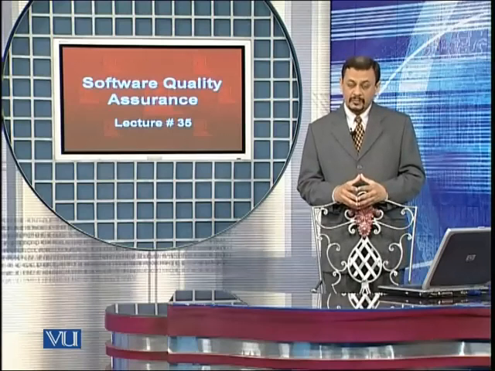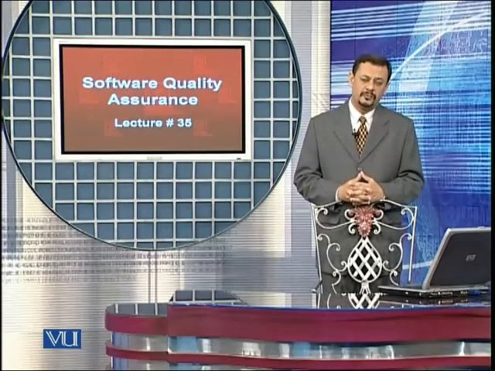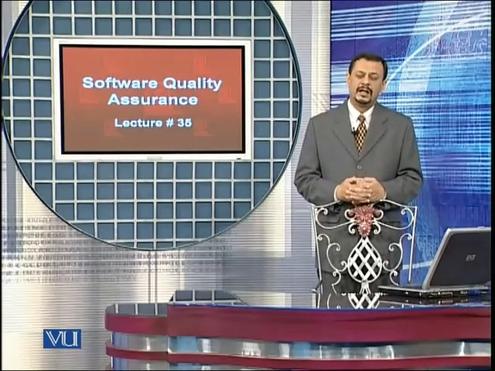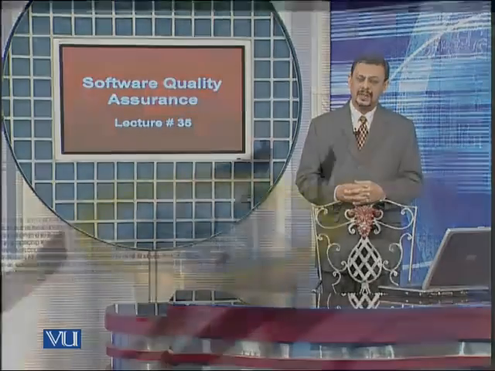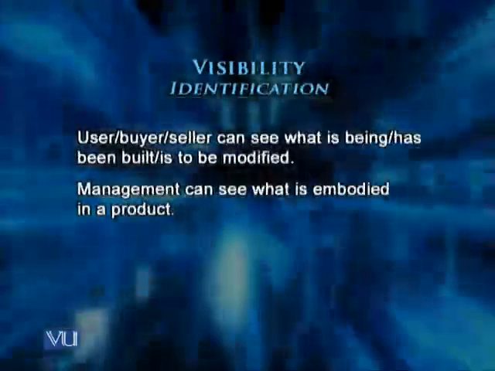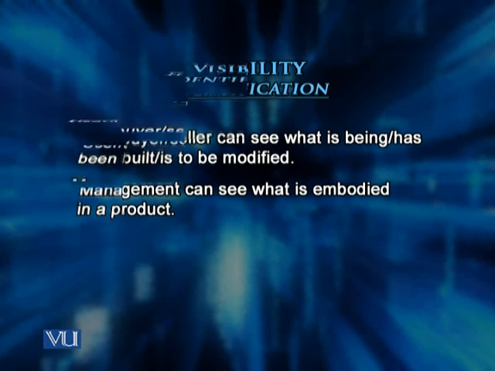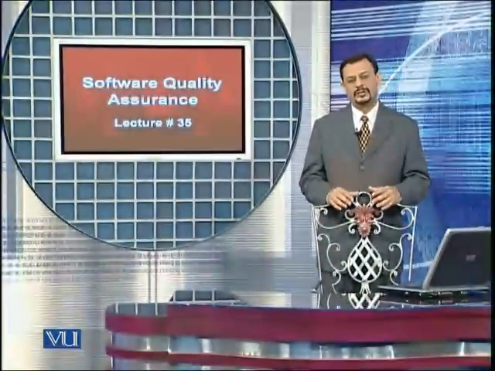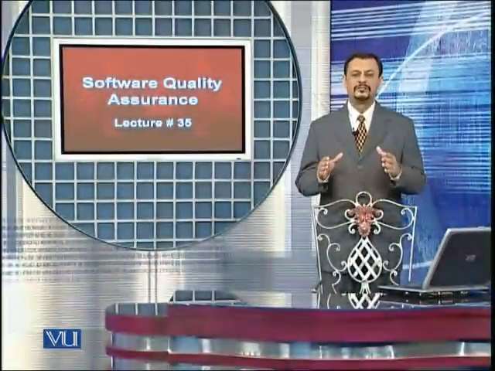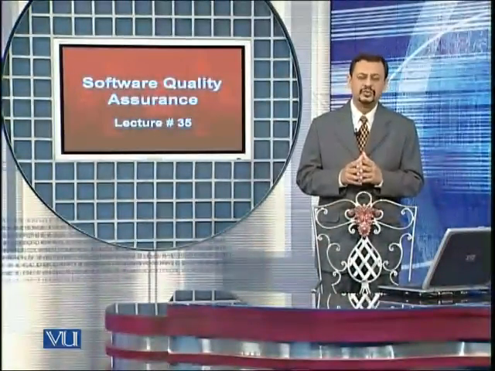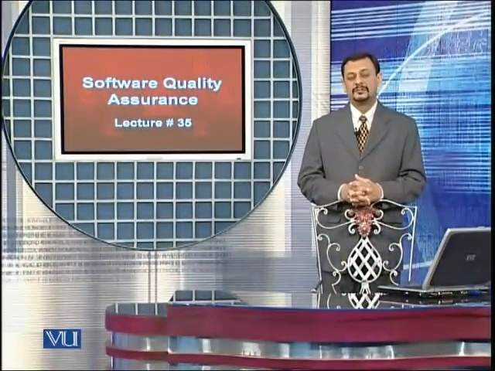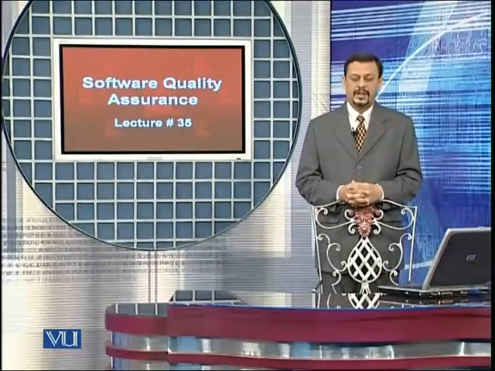By the same token, if we perform accurate and useful identification of each work product, the management would be able to see what is embodied in the product. So every product or every version of a product consists of a large number of individual configuration items.